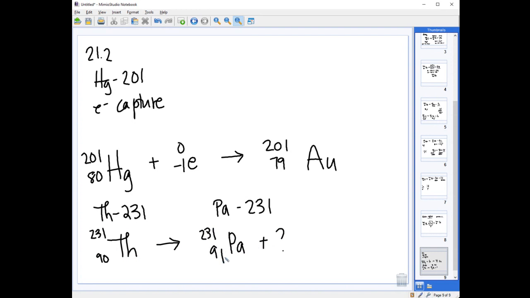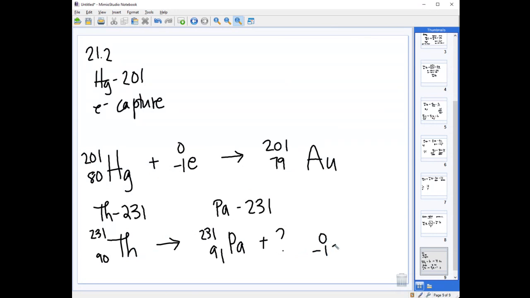Well, the only thing that has changed here is my Z. My A has remained the same. So I'm going to have just the Z that is changing. And how do I get from 91 to 90? I subtract 1.